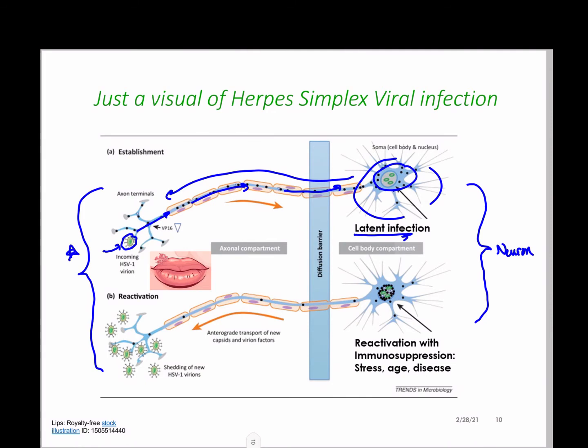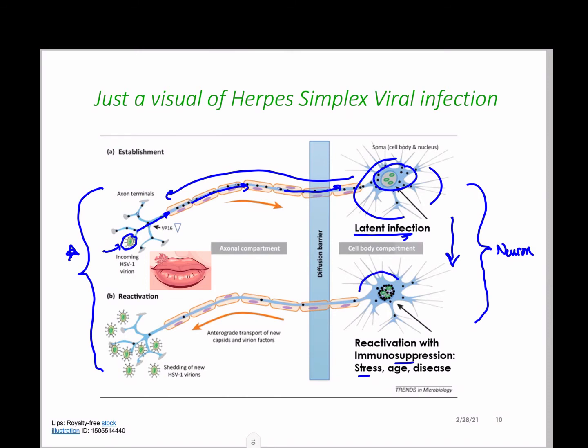Out here, you do have infection of the mucous membrane cells as well, but they're not the ones going to be harboring that latent infection. So now you're going along, you go for a year, you go for 2 years, then finals come. You have that immunosuppression due to stress and poor diet, and the cell begins to allow replication to occur.